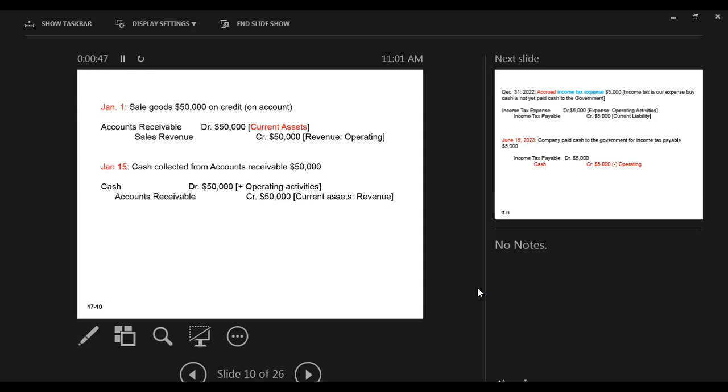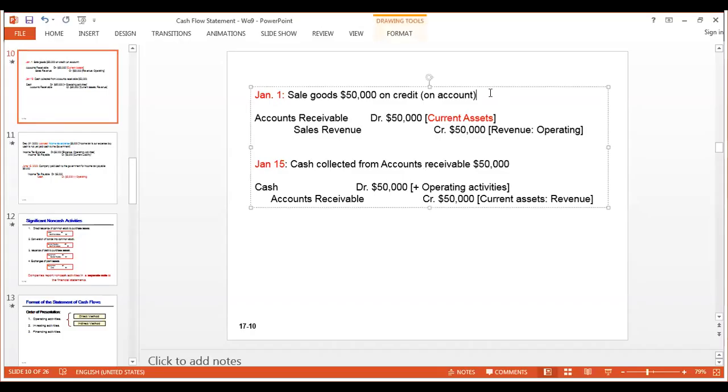If I make the reference here, this is accrual basis revenue. Although the company did not receive cash, the company records revenue.